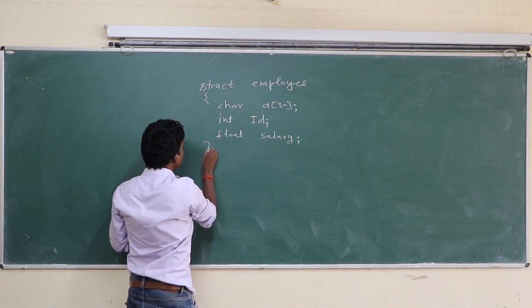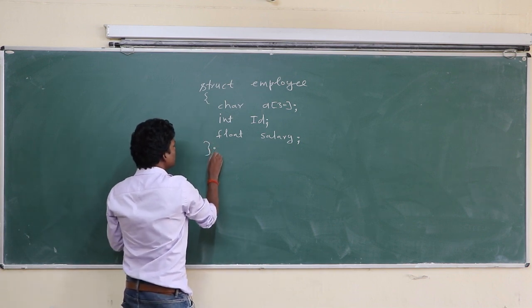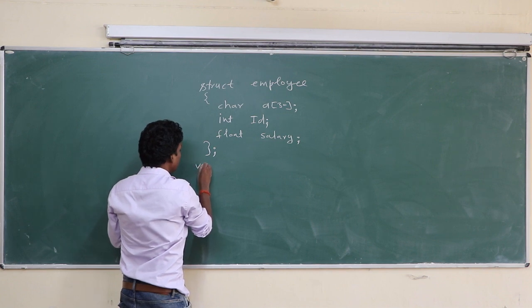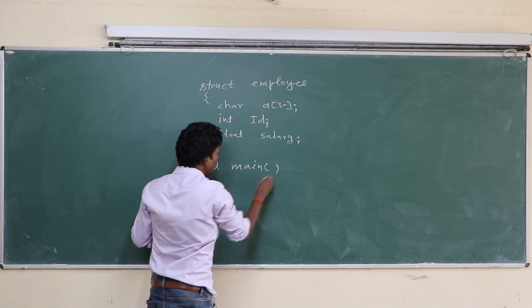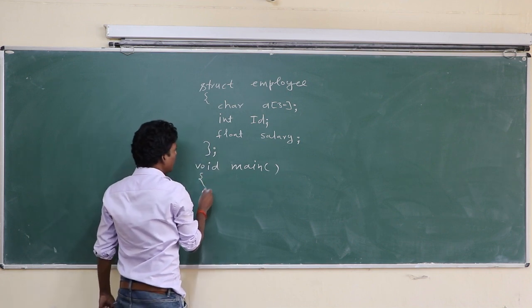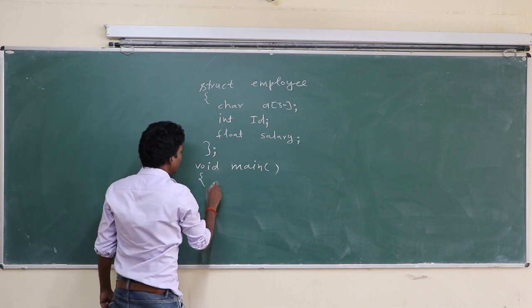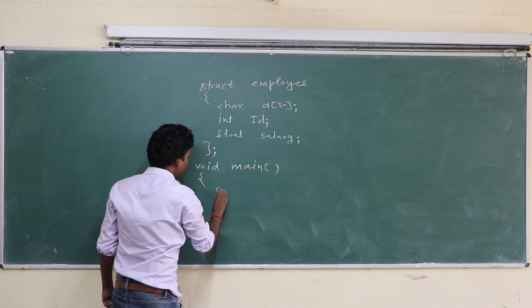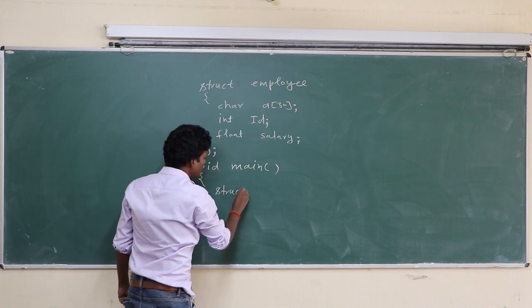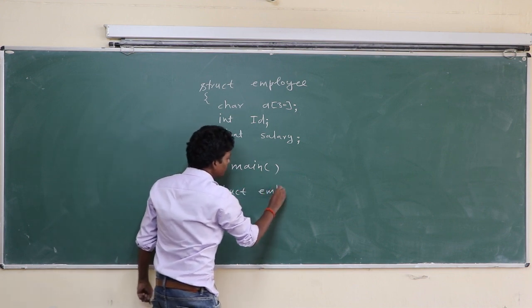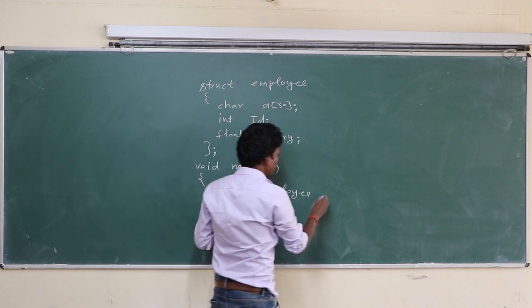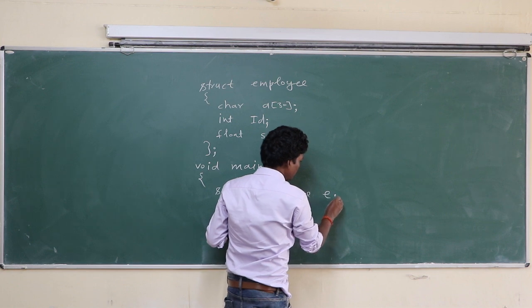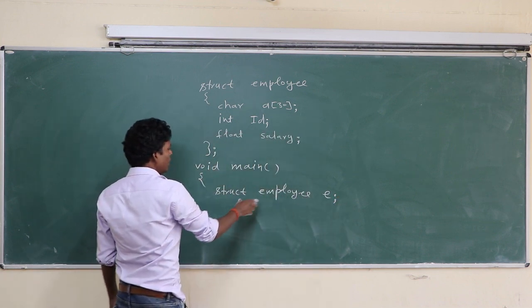Okay class, this is closed, semicolon, and you write here void main and declare the variable of this here, struct employee E. E is a variable of this data type.